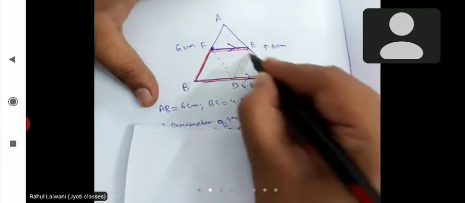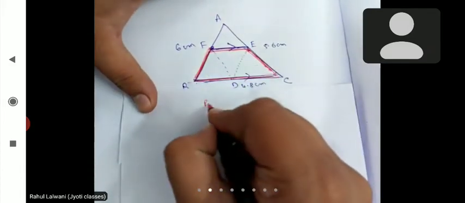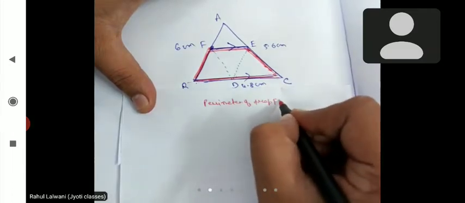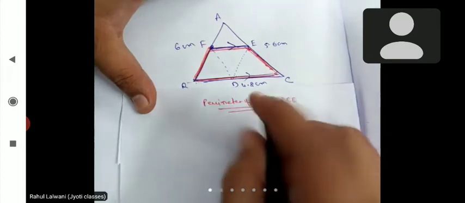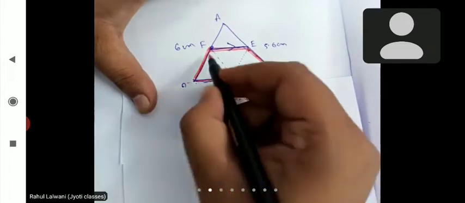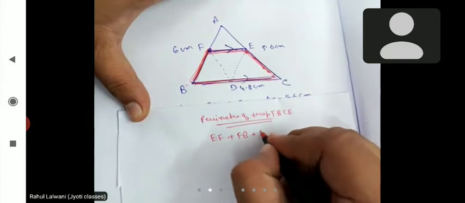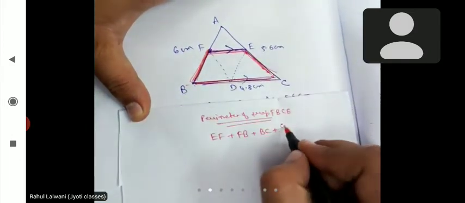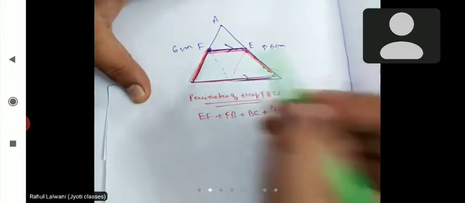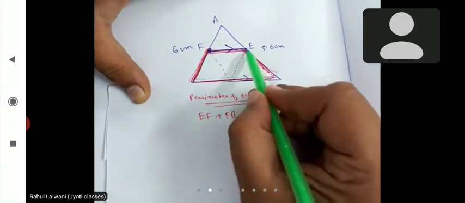You have to find the perimeter of FBCE. So the perimeter of trapezium FBCE is EF plus FB plus BC plus CE. The perimeter of the trapezium will be EF plus FB plus BC plus CE.